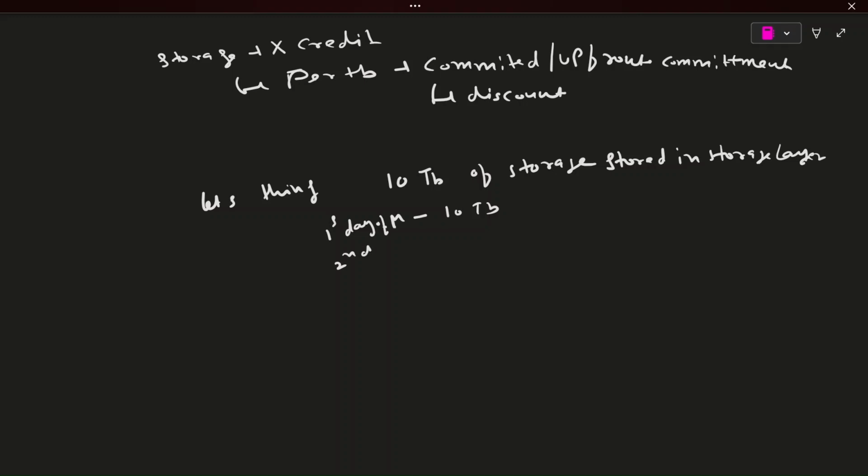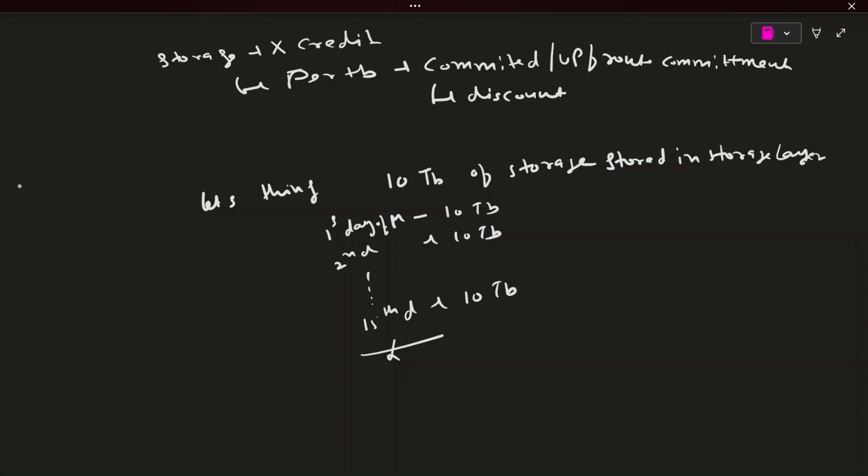The second day also it was 10 TB, and still on the 15th day of the month it was 10 TB. And after that I deleted it. So this was not required, I deleted it, let's say.